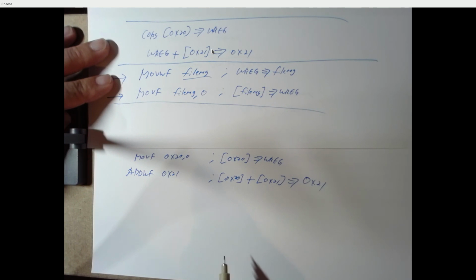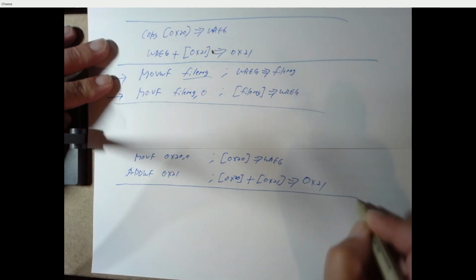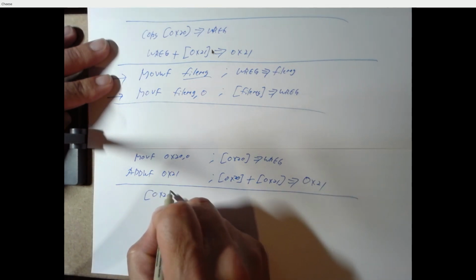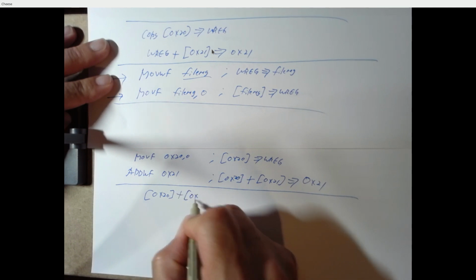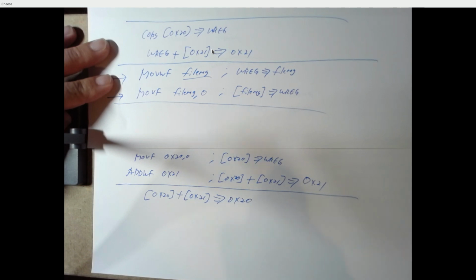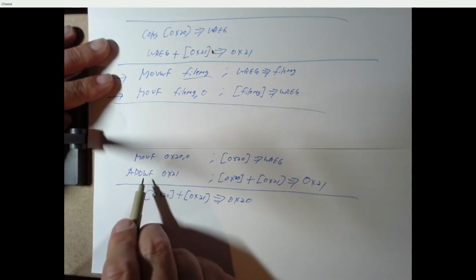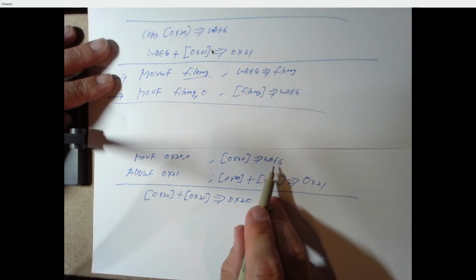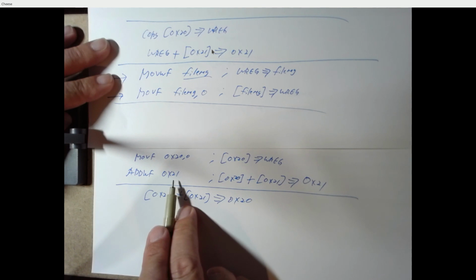Alright, now suppose we wanted to take the contents of 20 and 21 and save that into location 20. We can't start off the way we did up here. This is going to put 20 into the W register, and then we can add that to 21, but we only have two choices.